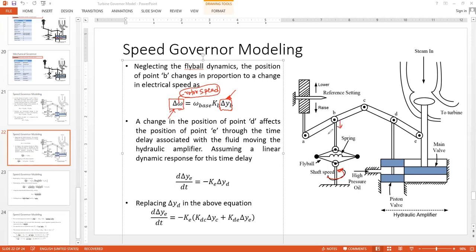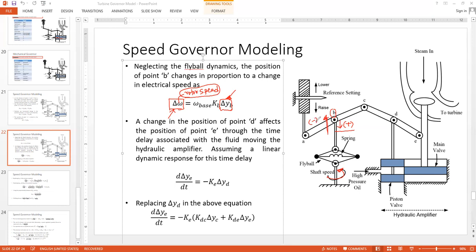If shaft speed decreases, point B goes up. In this derivation, any movement in the downwards direction is treated as positive, whereas any movement in the upwards direction is treated as negative.